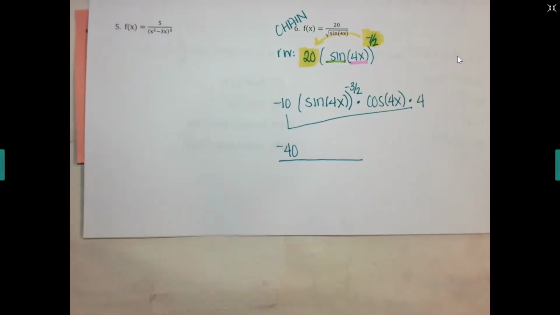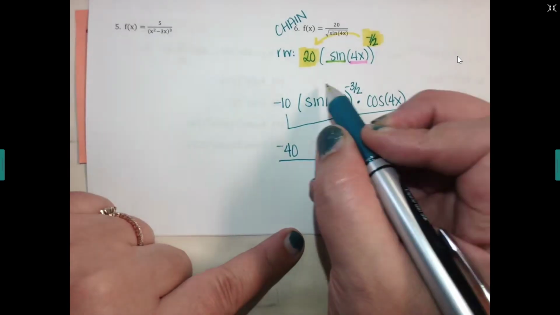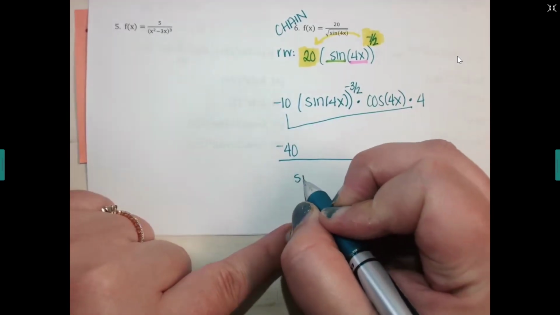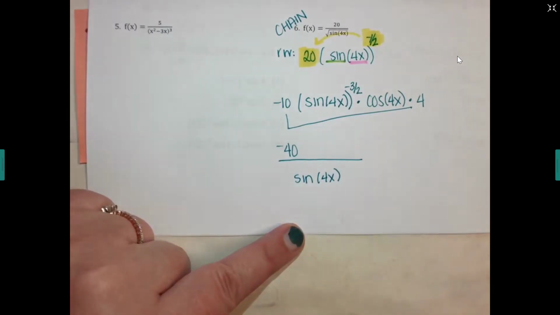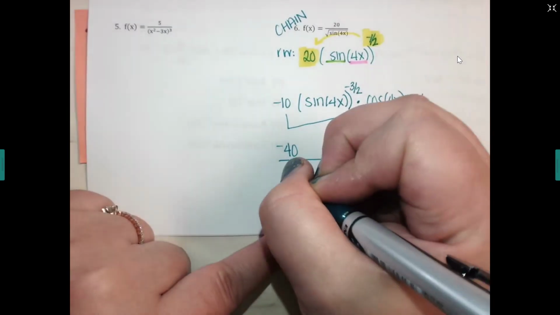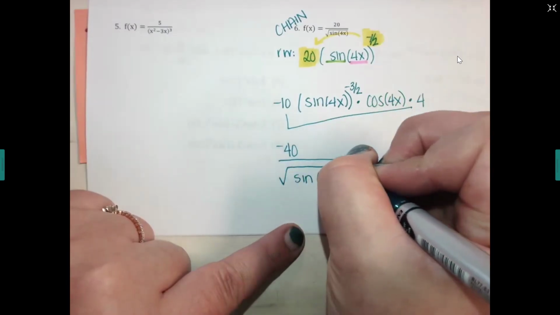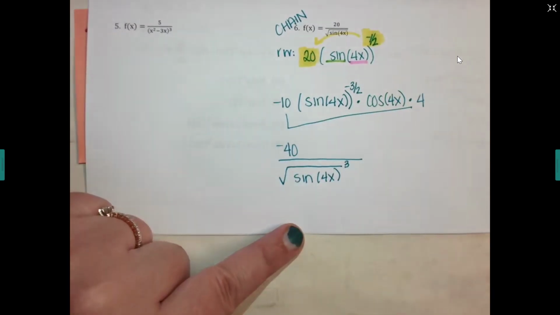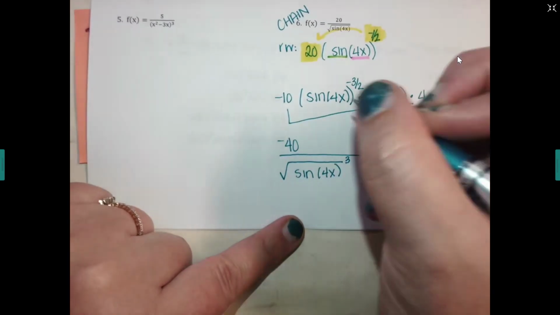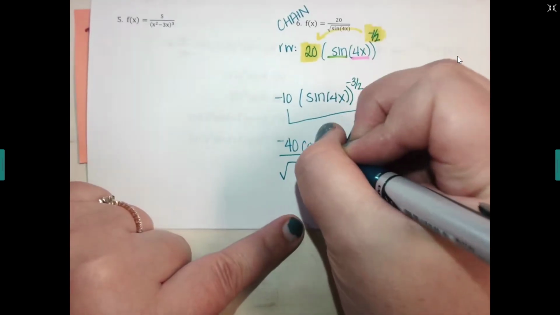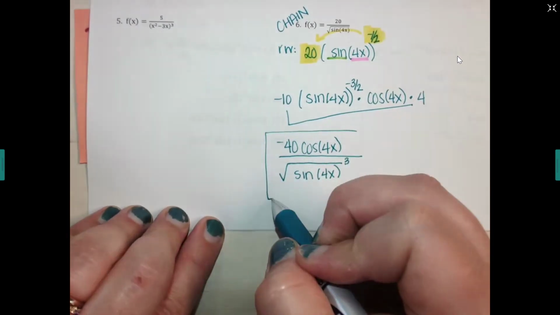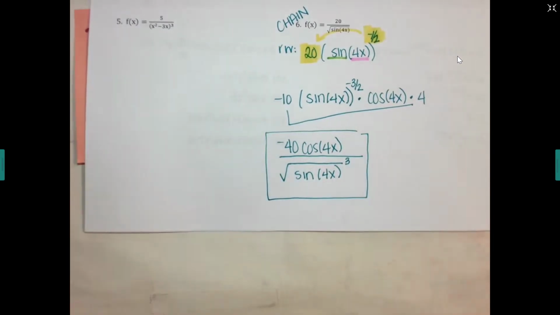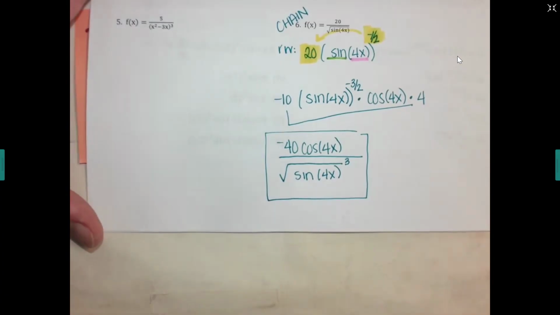The one with the negative 3/2 on it. So this is going to end up on the bottom, sine 4x. And if it's to the 3/2, remember that means it's in a square root and it's cubed. And then the cosine 4x, we can just leave on top. Okay, so that would be your answer. Any questions on that?